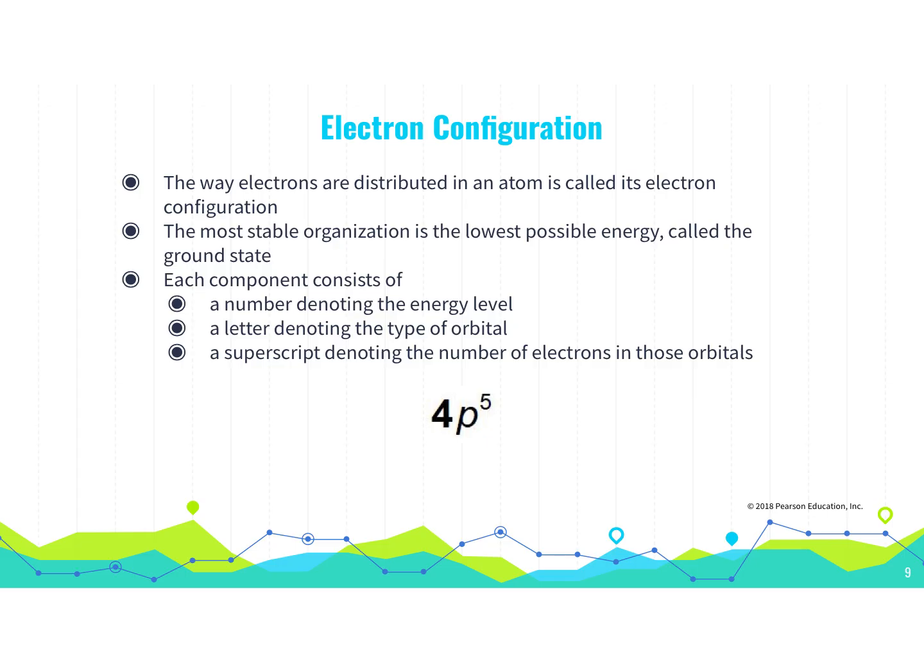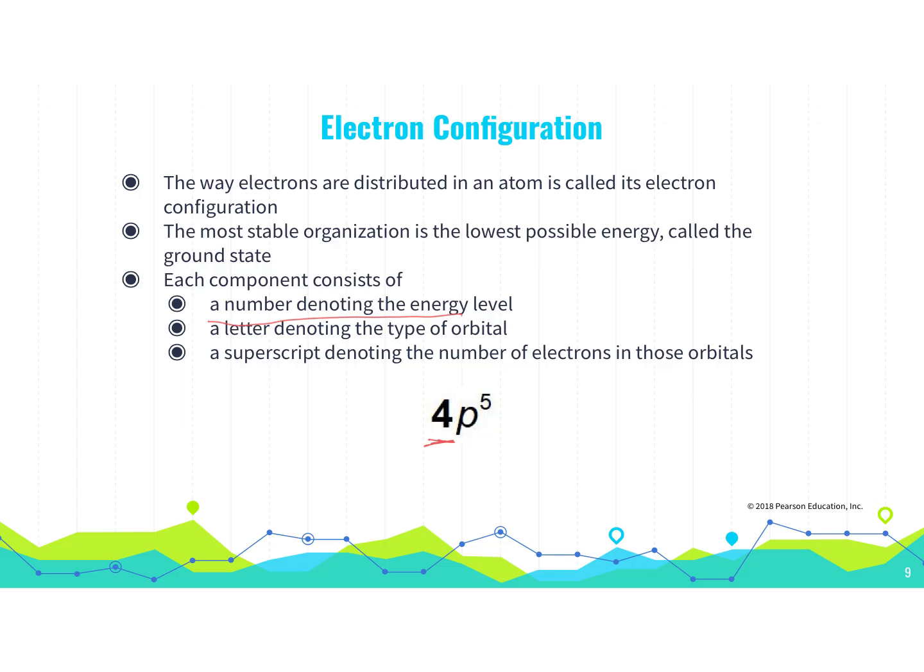And now, if we relate all of this back to electron configuration, our electron configuration tells us how electrons are distributed in a particular atom. And the most stable organization is called the ground state energy. Each component of an electron configuration consists of a few parts. The first, this number denoting the energy level, is the principal quantum number in the front, which tells you the energy of the orbital.